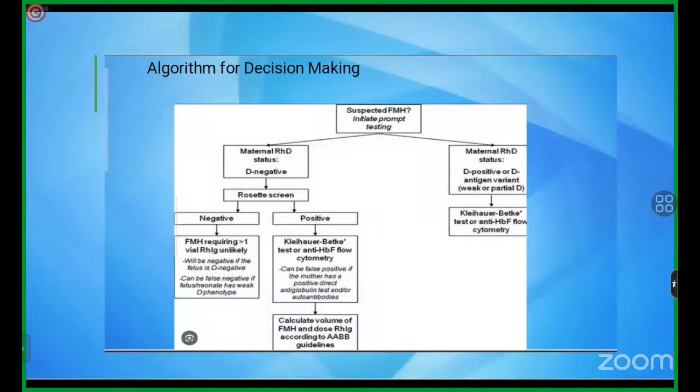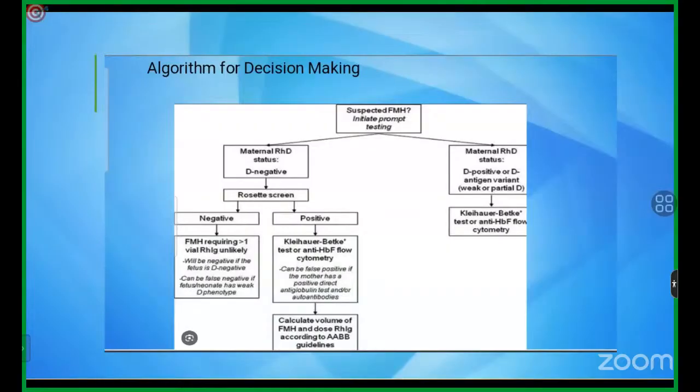When we find that the maternal RhD status is D negative, we have to do a Rosette screen, and then we check whether the Rosette screen is negative or positive.